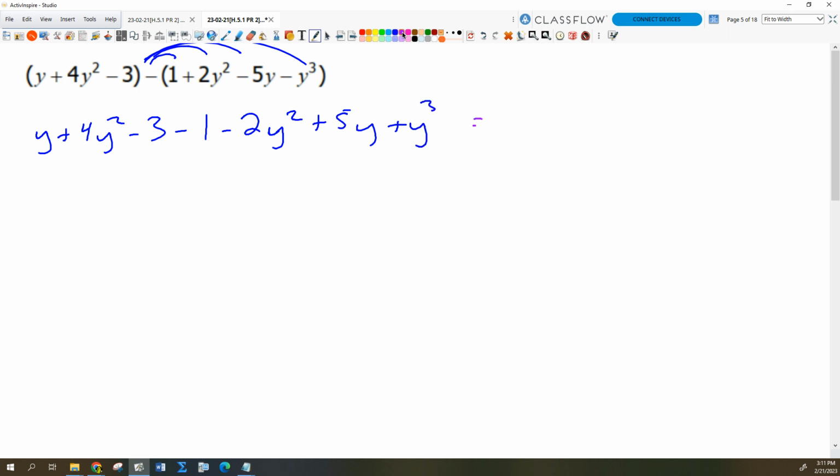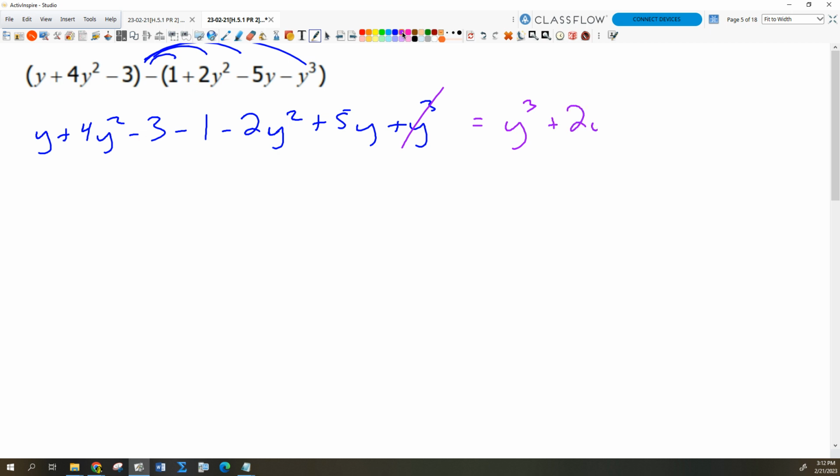Okay, so if I want to write that in standard form, what comes first? Neela, what's going to come first there? The y cubed? Yeah, the y cubed comes first. Good. So y cubed is first. We'll cross that one off. What's going to be next then? Okay, which is what? 2y squared.